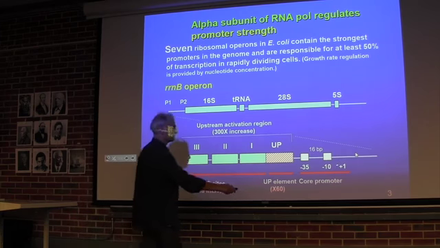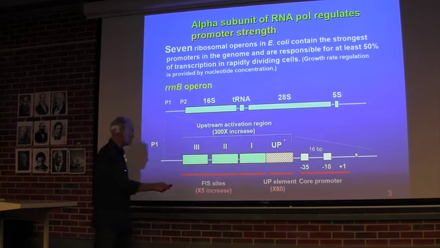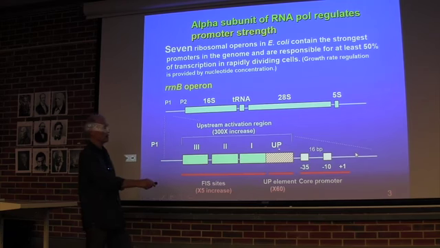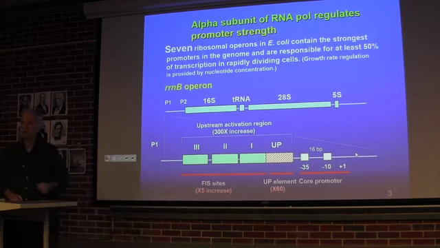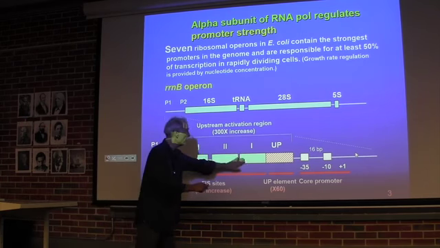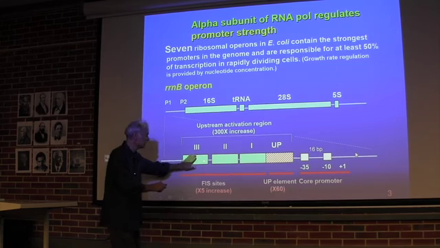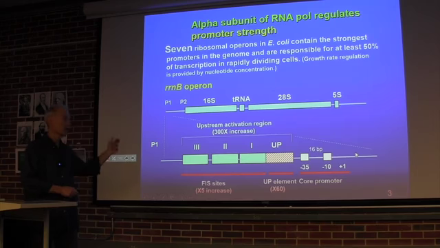It has the start of transcription, a -10, a -35, and then it has a UP element, and this is where the two carboxy-terminal domains of alpha bind. This particular promoter has other positive acting transcription factors which further increase the activity of this promoter, and we'll not talk about those.